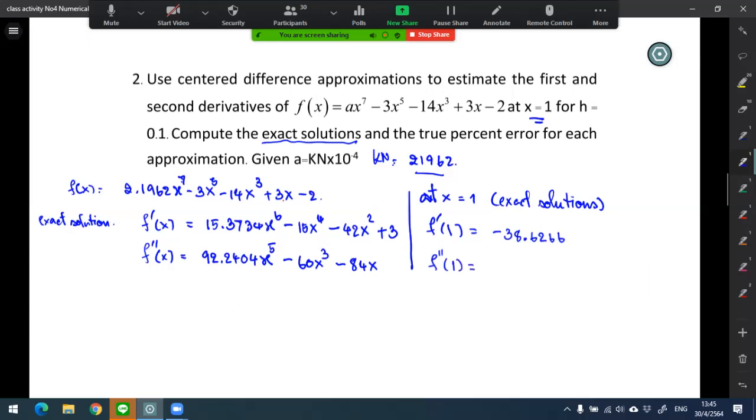Oh, sorry, teacher. Sorry, I missed some term. It's equal to minus 53.6266.